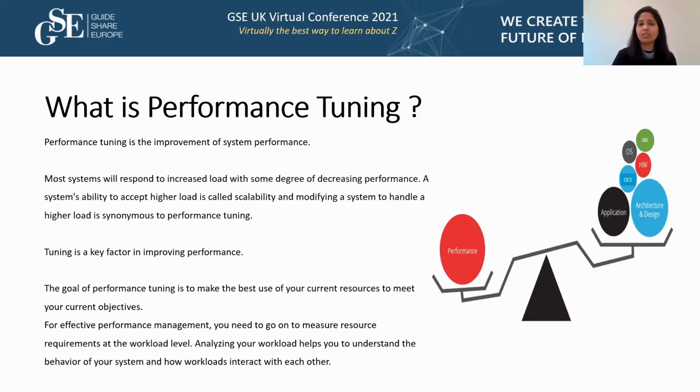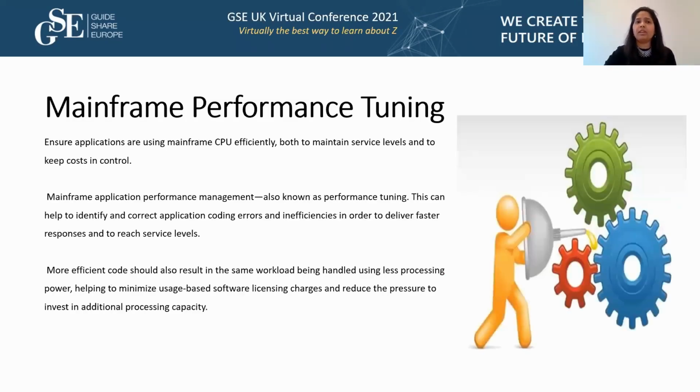Analyzing your workload helps you understand your system behavior and how workloads interact with each other. And next, ensure your applications are using your mainframe CPU efficiently, to both maintain service levels and keep cost under control.